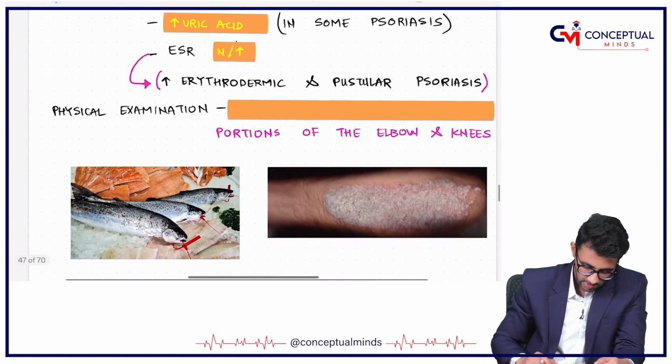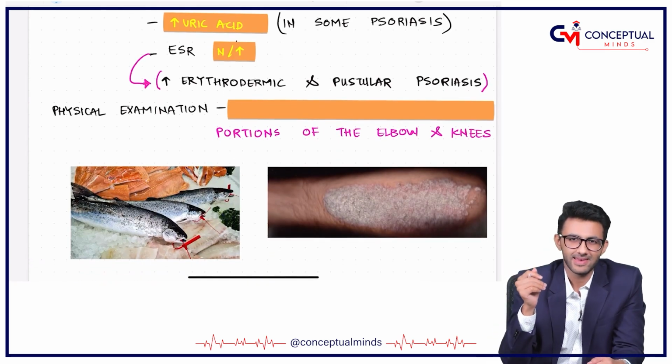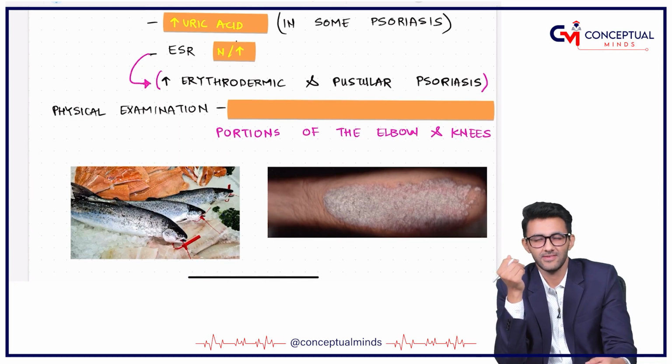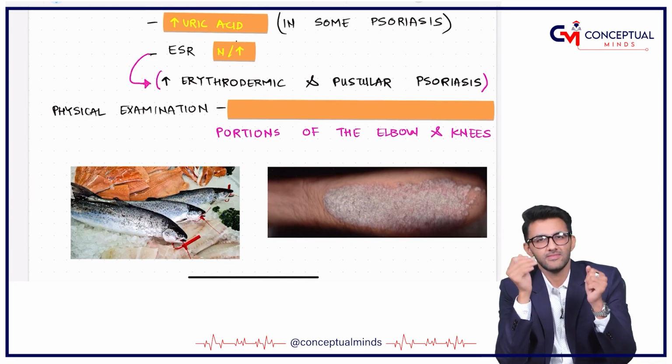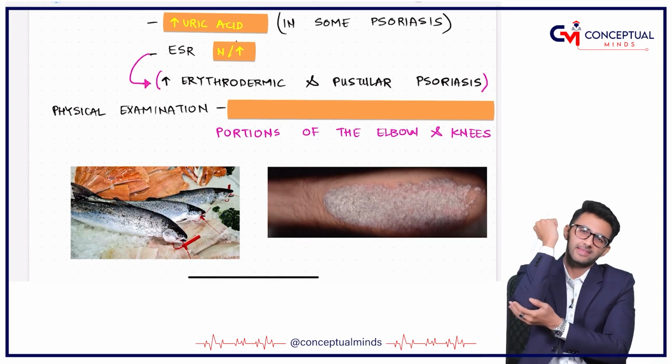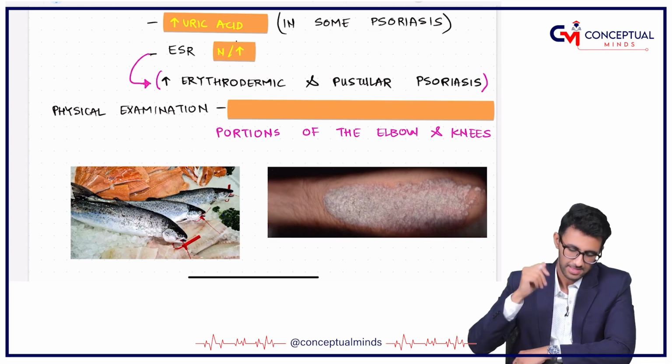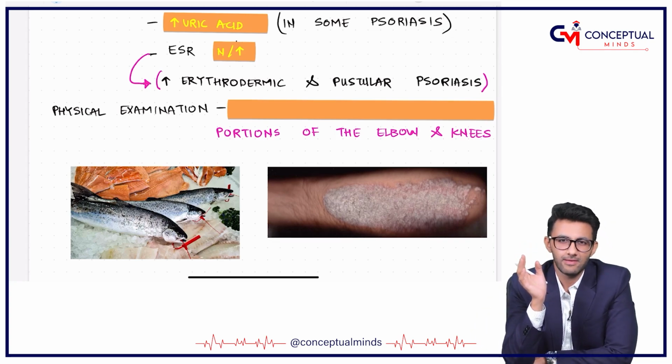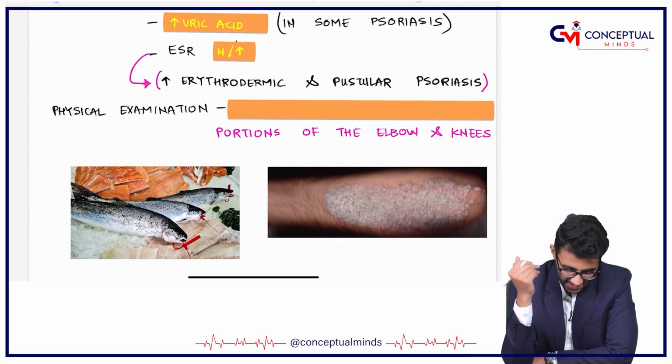Physical examination, what are we going to find? In the vulgaris form, we find lesions on the extensor surfaces, and as we can see in this image, the word is very peculiar: salmon patch, like very fresh pink salmon.